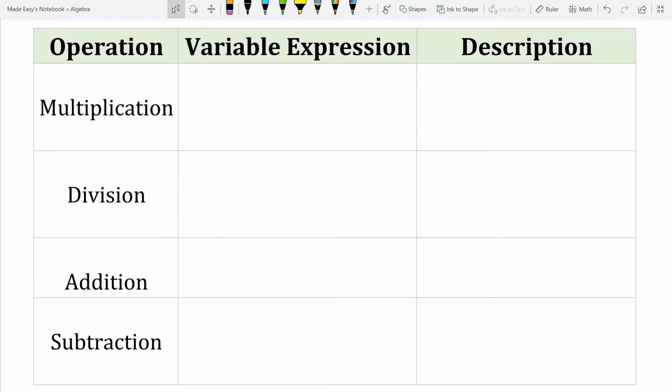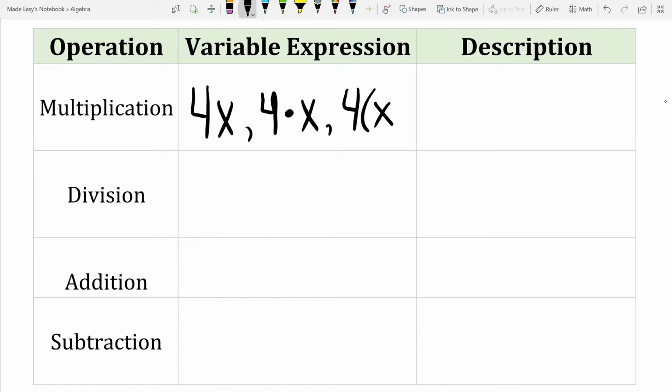All right, first, let's talk about multiplication as a variable expression. So some examples of multiplication, you could have 4 touching the x, which would represent 4 times x. You could have 4 dot x, which represents 4 times x. Or you could have 4 parentheses x, which indicates multiplication.